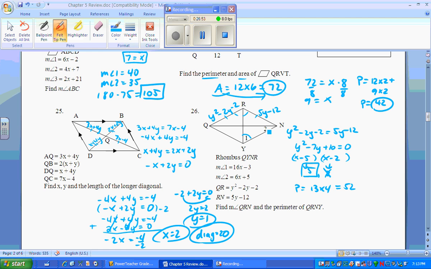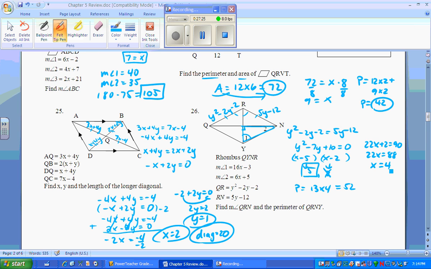So you know that this is a 90 degree. So you know that these two right here add to equal 90 because this is a triangle right here, and you know it's perpendicular on the inside. So we got 16 and 6. We add it together to get yourself an answer of 22x plus 2 equals 90, so 22x is equal to 88.